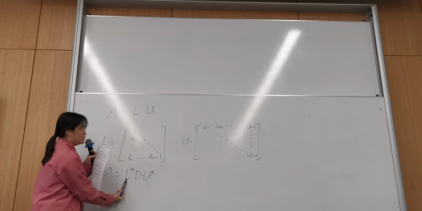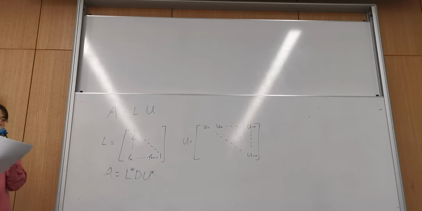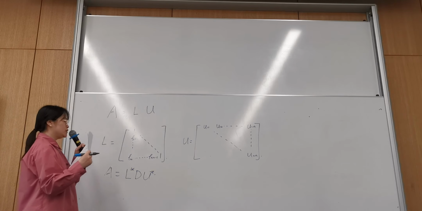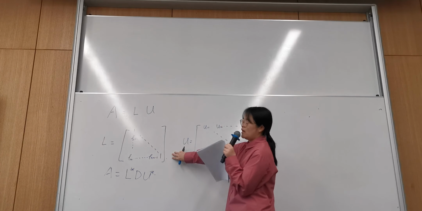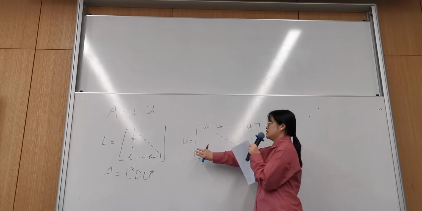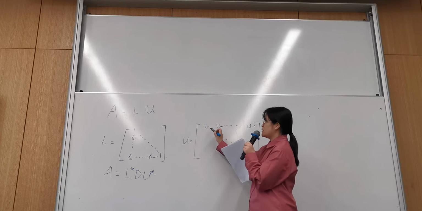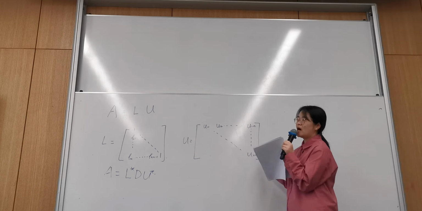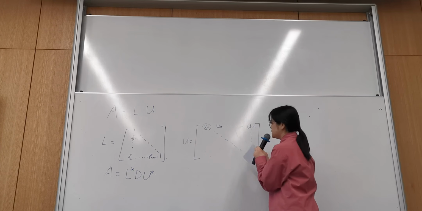Basically, this L star and U star are both unit triangular matrices, either lower or upper. So the way we factor out everything: since our L is unit, the only one that doesn't satisfy our requirement is the U. So our U has non-1 diagonal entries, and we basically want to factor these out.